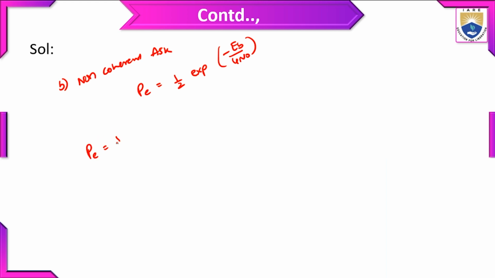So we will substitute: P is 1 by 2 exponential of minus 10 to the power of minus 12 divided by 4.8, into 1 by 4, into 1 divided by 2 into 10 to the power of minus 15.